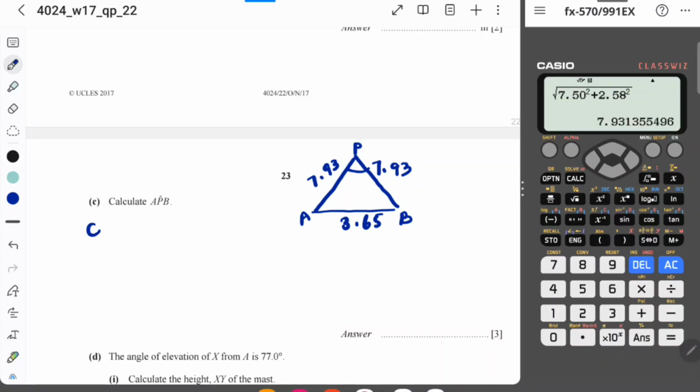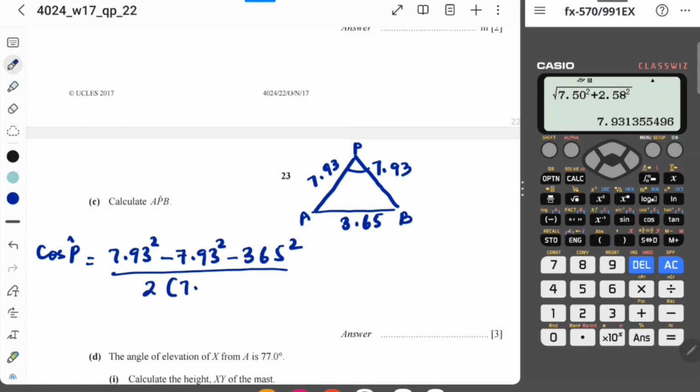Cos of P is equal to 7.93 square plus 7.93 square minus 3.65 square, divided by 2 times 7.93 and 7.93. Remember, A square is equal to B square plus C square minus 2BC cos of A. You can keep the numbers in that formula.